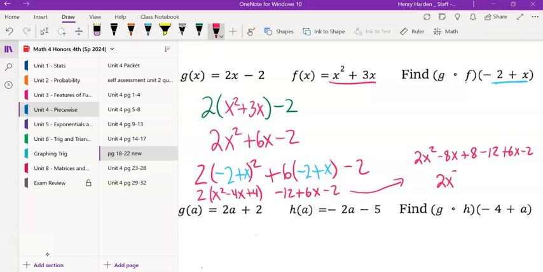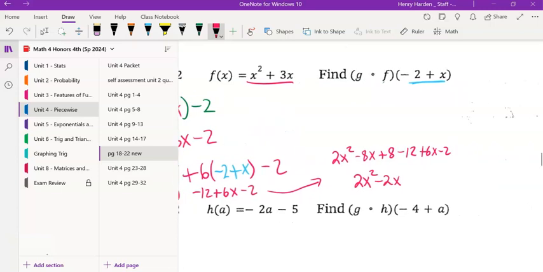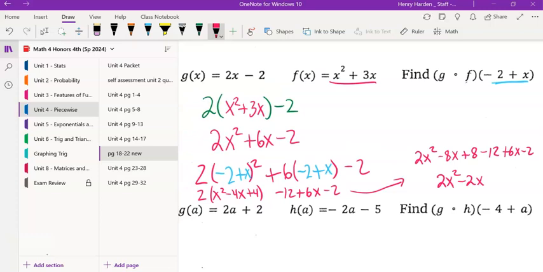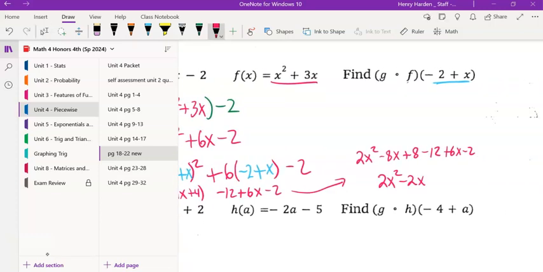So we get 2x squared. -8x plus 6x is -2x. And then we have 8 minus 12, which is -4. -4 minus 2 is -6.